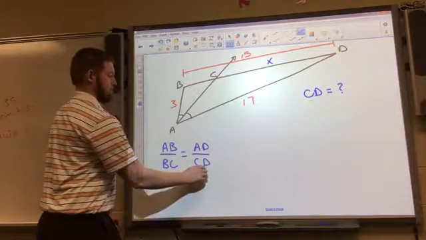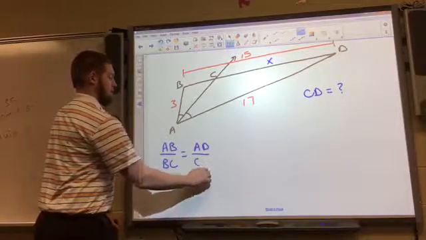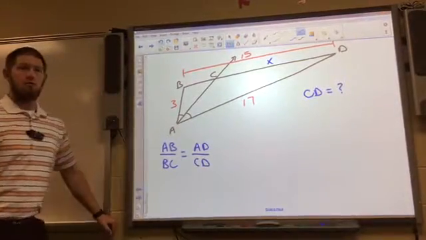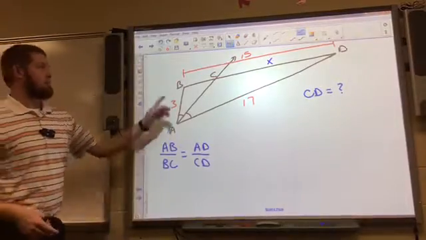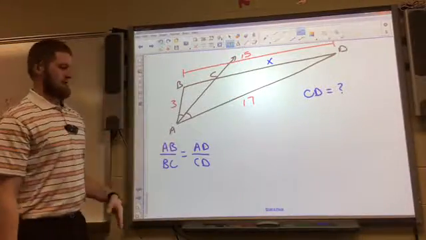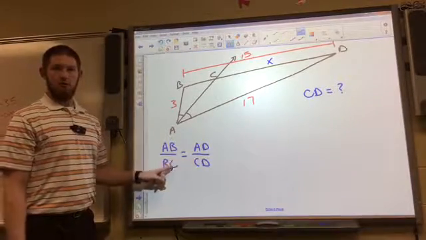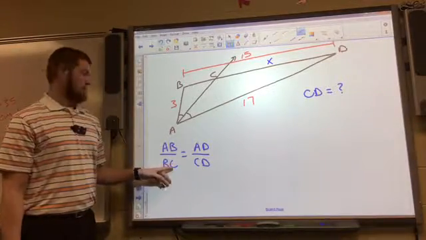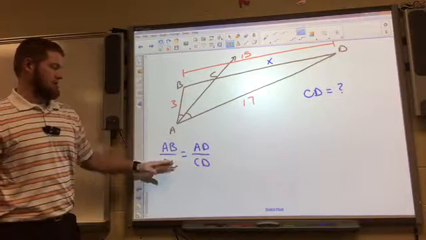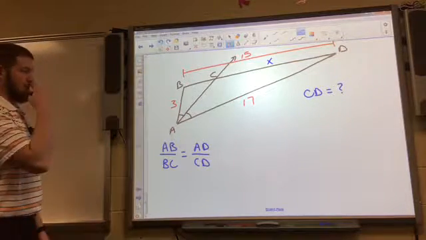Good. Is that an option? Personally, I'd have done BC over CD. Doesn't matter. No, because notice they're across from each other. That's good. So if I'd have done it differently, just check and see if they're across from each other or not, because they should be.